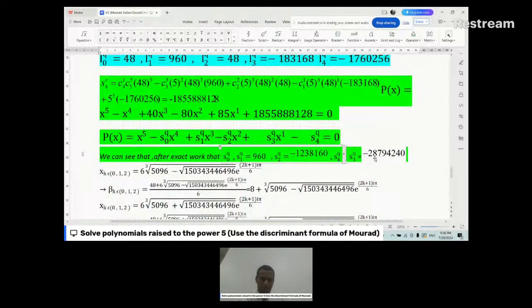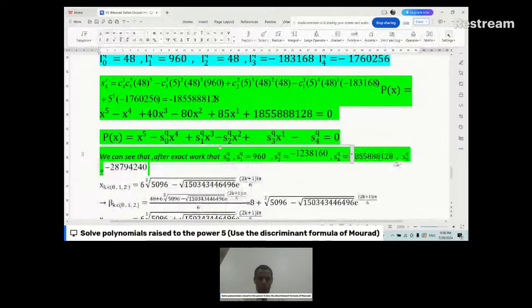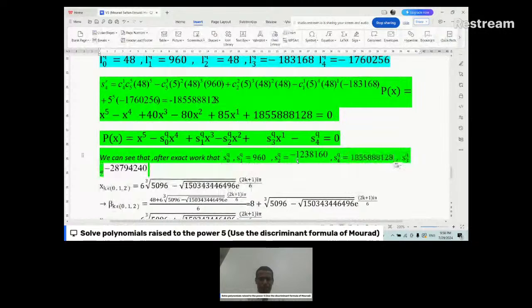S3 is negative 28,794,240. And S4, what is S4? I wrote it somewhere. S4 is equal to negative this value.